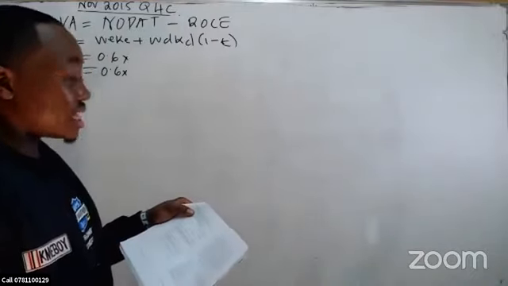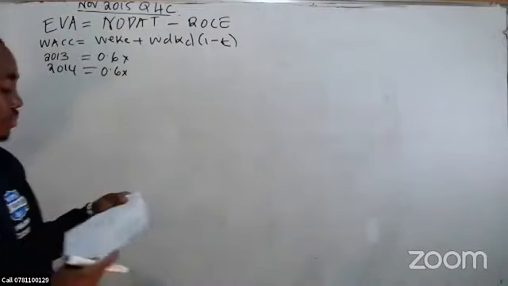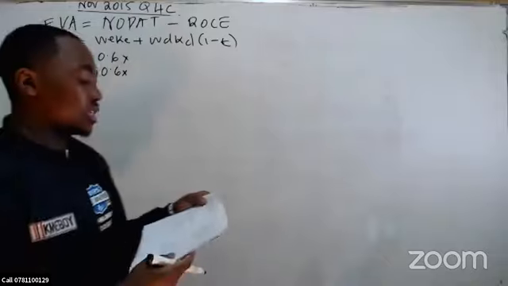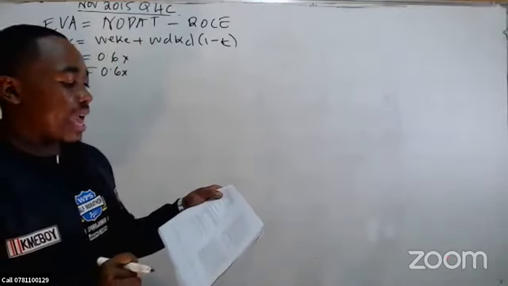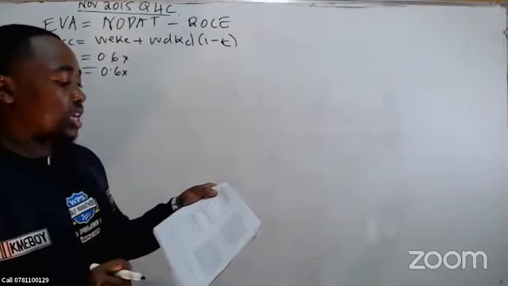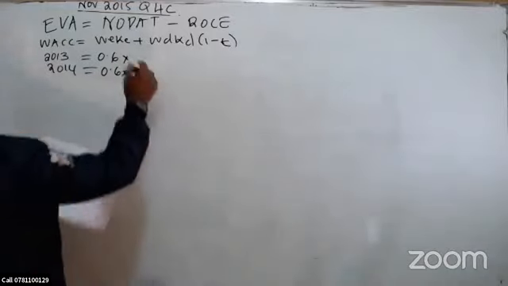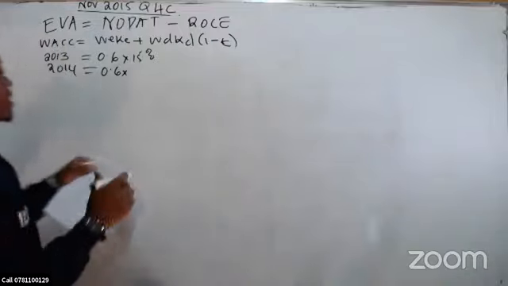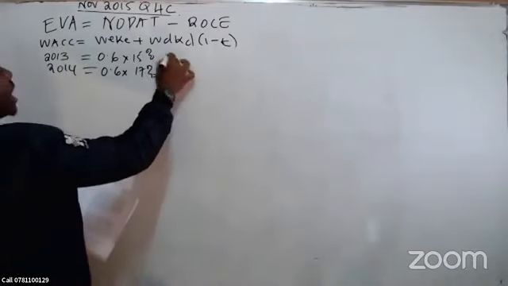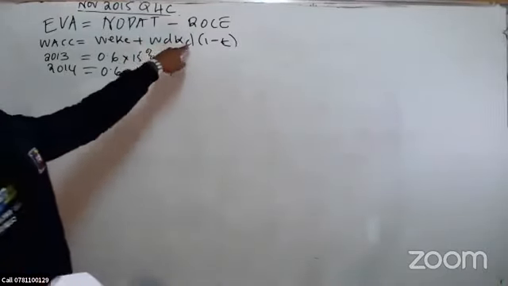Number 4, Joshua Limited's cost of equity was estimated to be 15% in year 2013 and 17% in year 2014. So the cost of equity for 2013 we are told was 15%, and for year 2014 it was 17%. And then you add weight of the debt times cost of the debt.